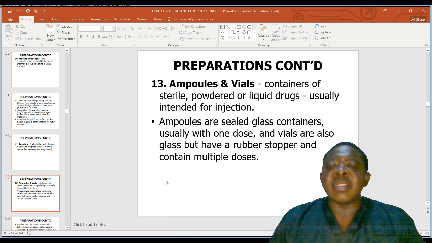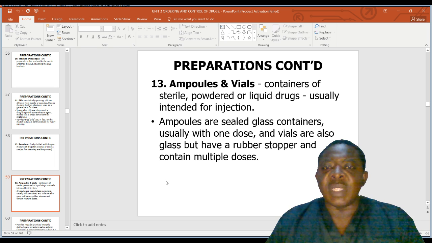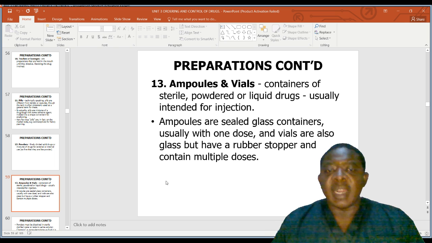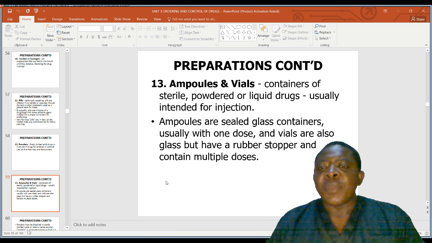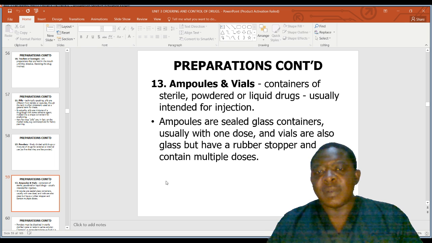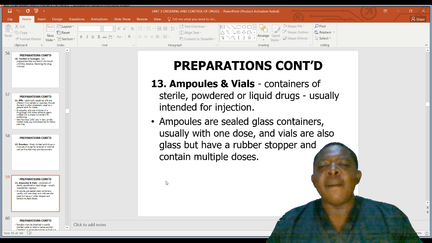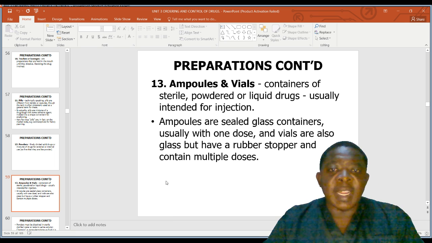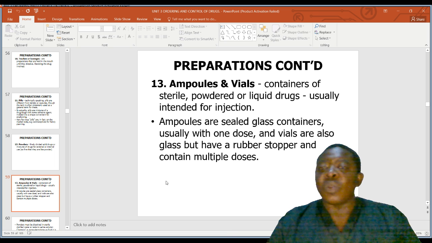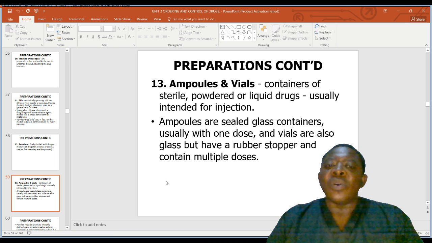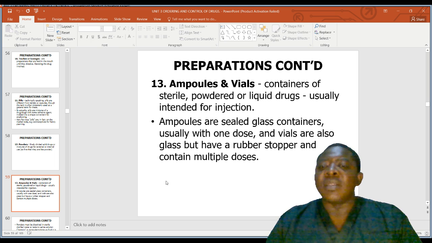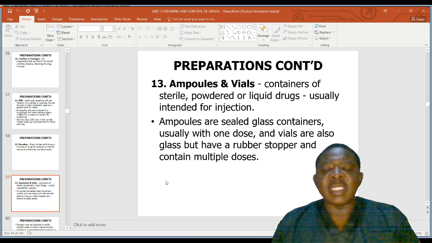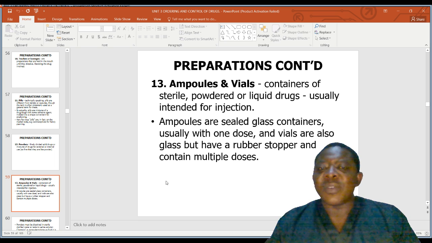Ampoules are sealed glass containers, usually with one dose, and vials are usually glass but with a rubber stopper, and may contain multiple doses. So when we talk of ampoules, they are sealed glass containers with about one dose, and vials are also glass but have a rubber stopper, and the rubber stopper means you can take more than one dose.